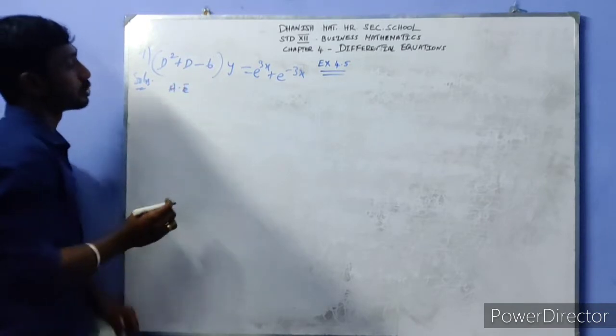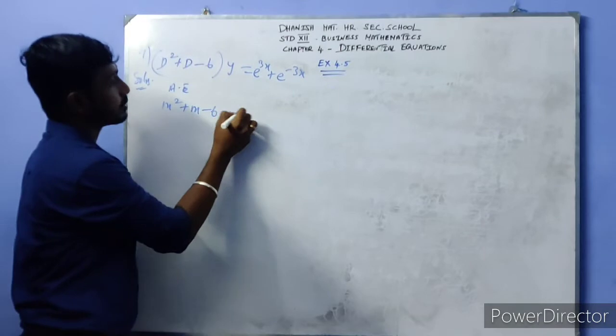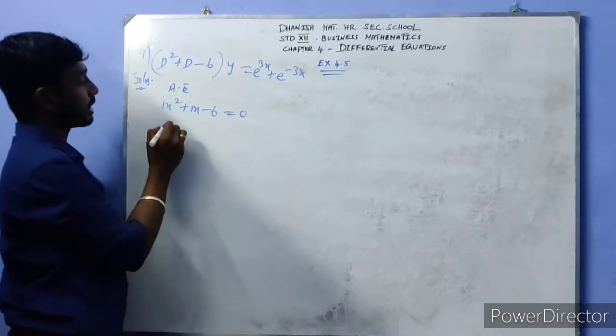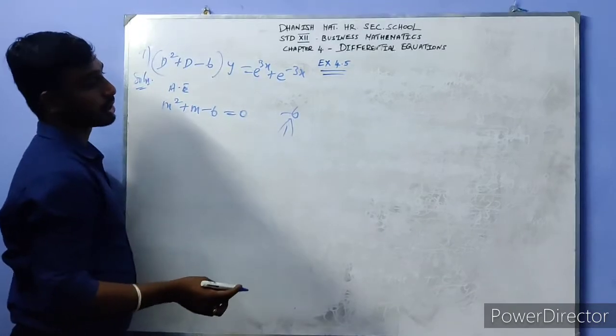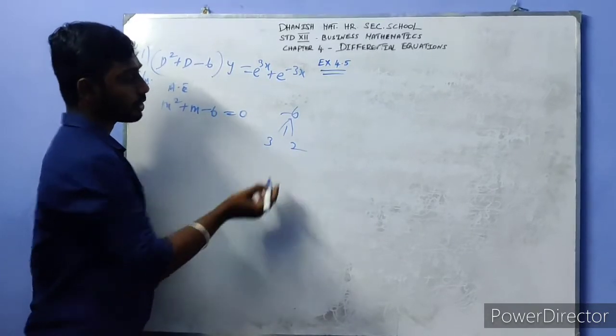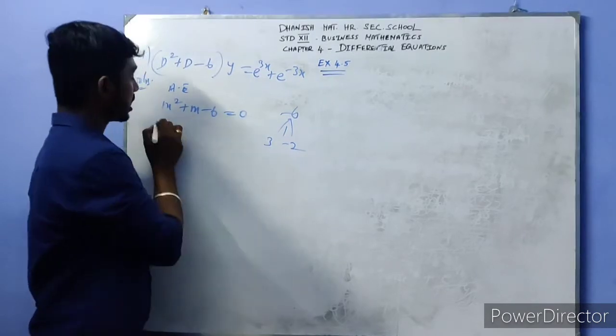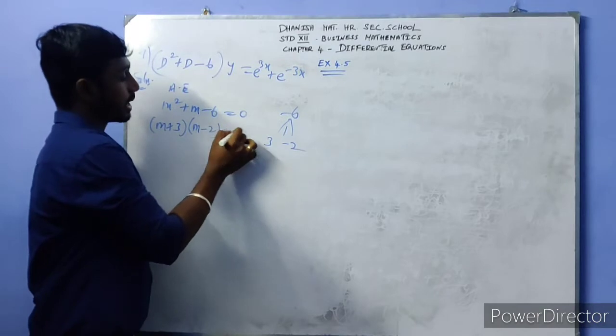Auxiliary equation. So now change into the auxiliary equation. m square plus m minus 6 equal to 0 here. Now we are getting this one. Multiplying gives minus 6, so that will be 3 into 2. Now applying the minus here, you will be getting m plus 3, m minus 2 equal to 0.